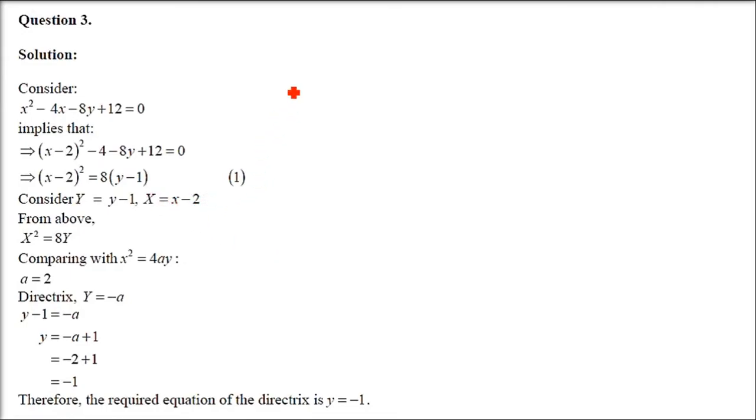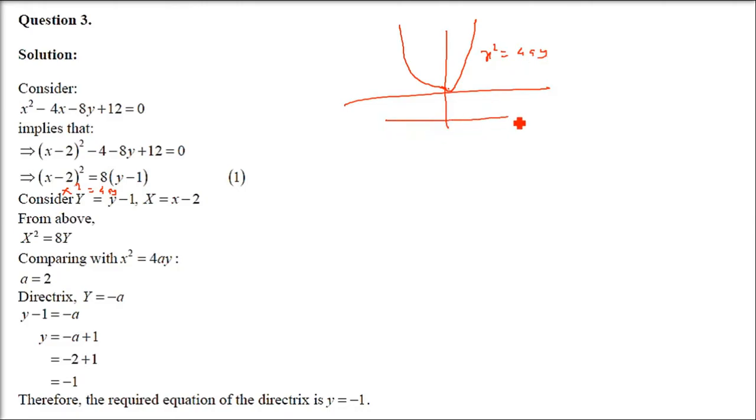So you need to find out the directrix. This is not the default form. This is actually x square equals 4ay form. So we are talking about this type of parabola, facing towards the positive y-axis. The directrix will be here. In normal terms, this would have been 0 minus a.